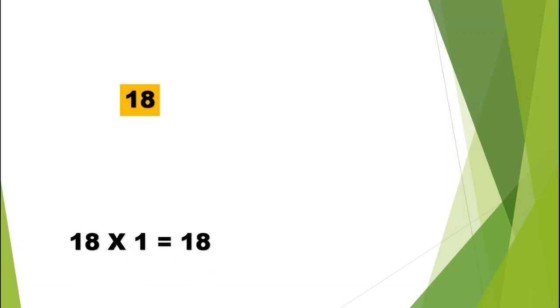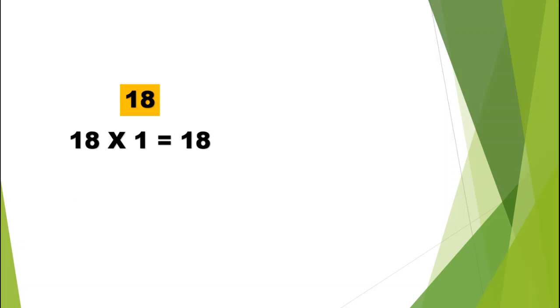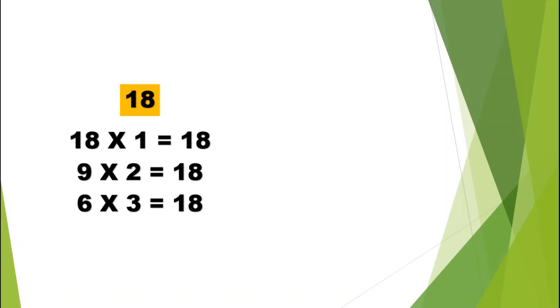The first one would be 18 times 1 is equal to 18. What else? That would be 9 times 2 is equal to 18, and the other would be 6 times 3 equals 18. Do we have other numbers that we can multiply to get 18?